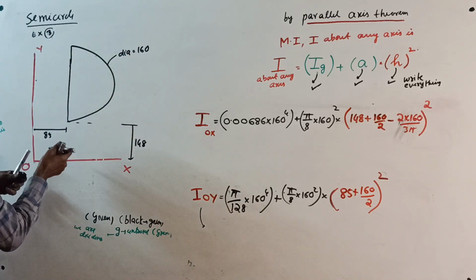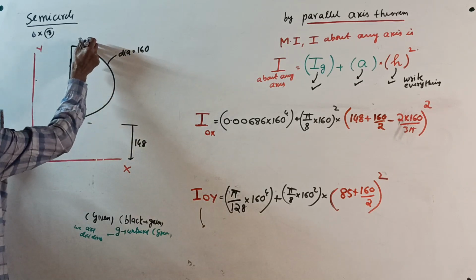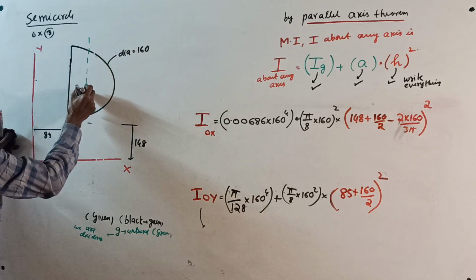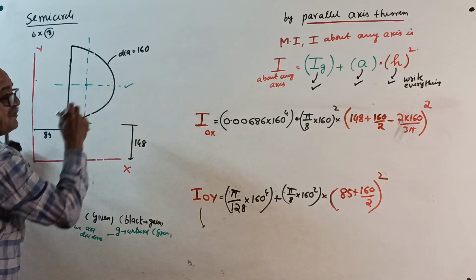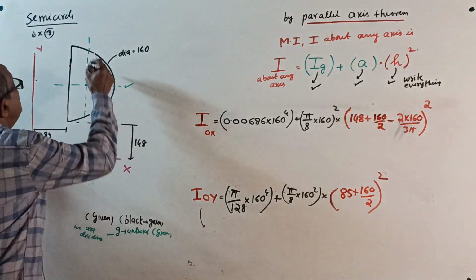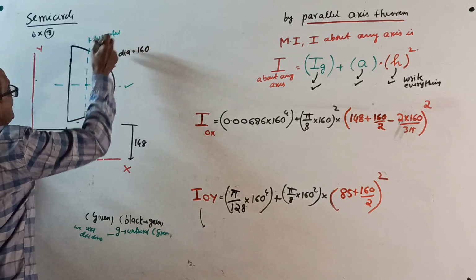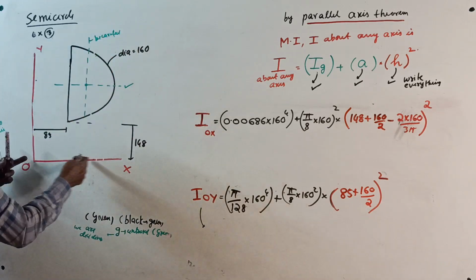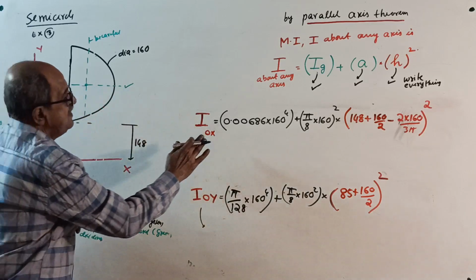Start. First, its centroid is here. Now remember, this is one of the centroidal axes. This is the other axis. This axis, happy case, IYY is pi by 128 d power 4. But this axis, be careful. Start: I about OX. First, I about its own axis, happy case. It will interchange now.